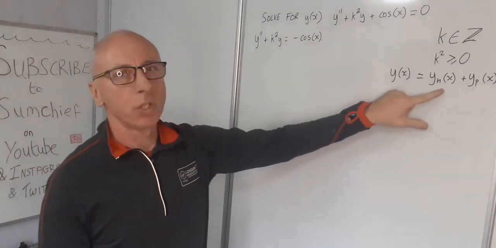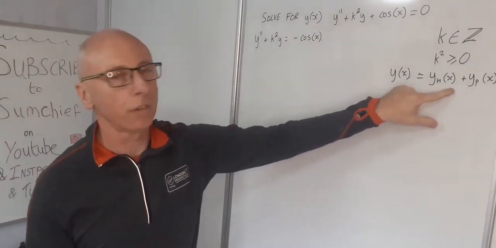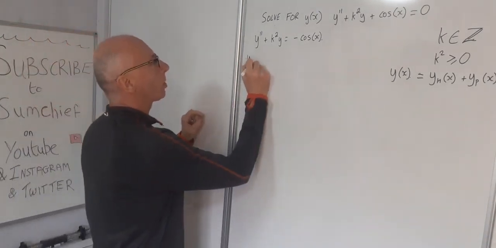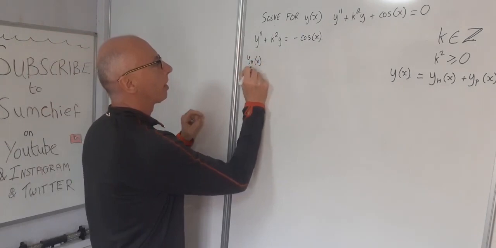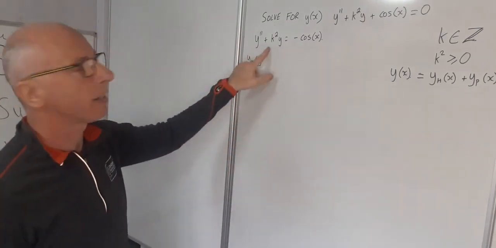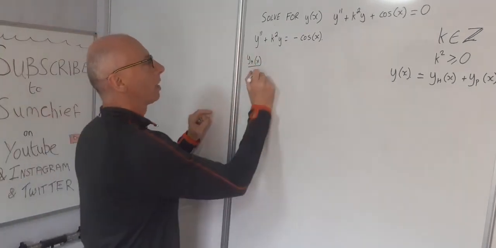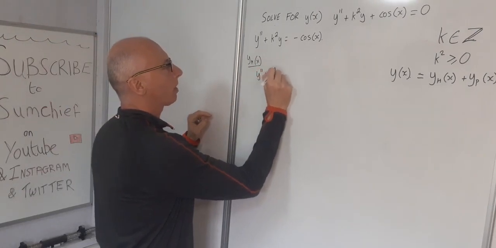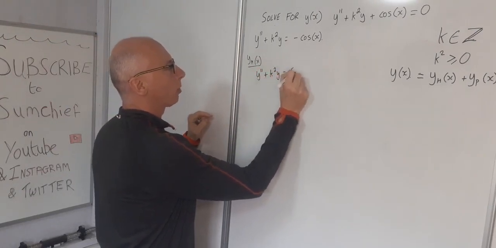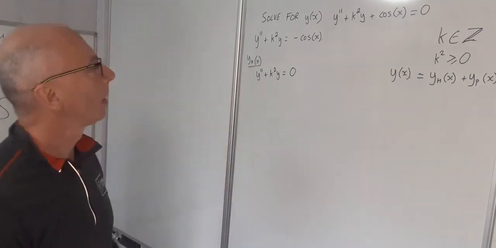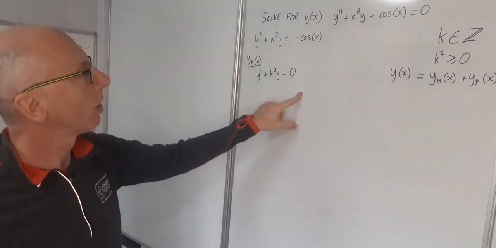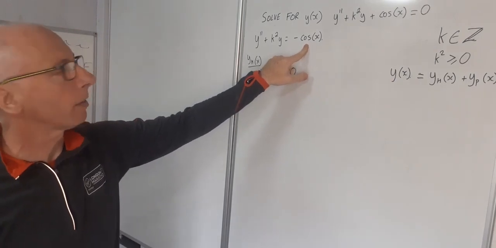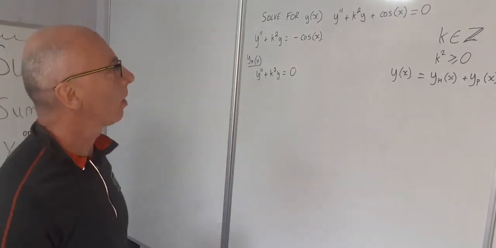So for our homogeneous version of the answer, our yh of x, we're going to find that by setting this to 0. So we'll have y double prime plus k squared y equals 0. So this is the first stage. Now the particular solution, we're going to need this minus cosine x in our calculations.